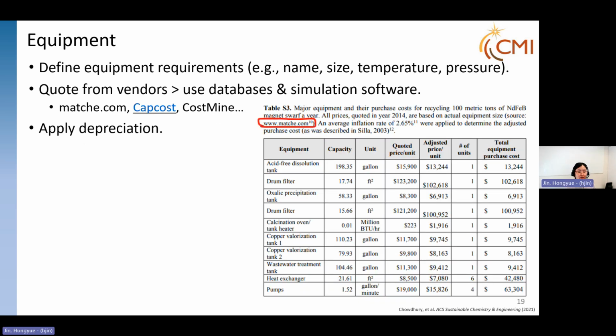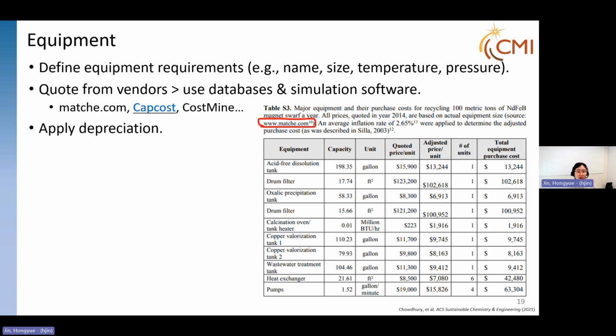And then the next category is the equipment. We want to define what the equipment requirements are, such as industrial scale equipment name, size, temperature, pressure, etc. Quotes from vendors for the exact required equipment are always the best, but oftentimes not available, especially if the technology involves new equipment development.